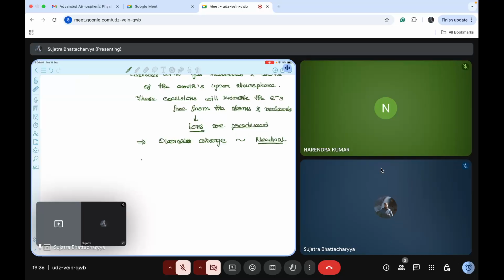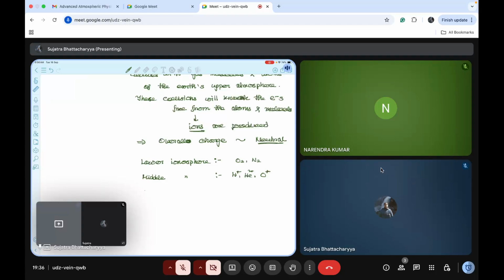So I'm just listing something, say lower ionosphere, which is some kind of D layer. You get more of O2 or N2 or O2 plus or N2 plus. Middle ionosphere, majorly you will get hydrogen, helium, and oxygen. You can make a plus sign also, O plus, H plus, He plus, whatever.